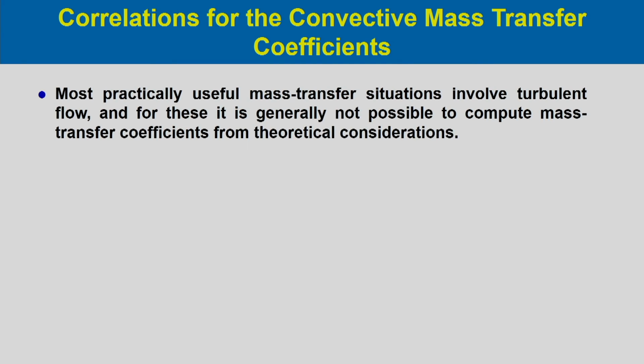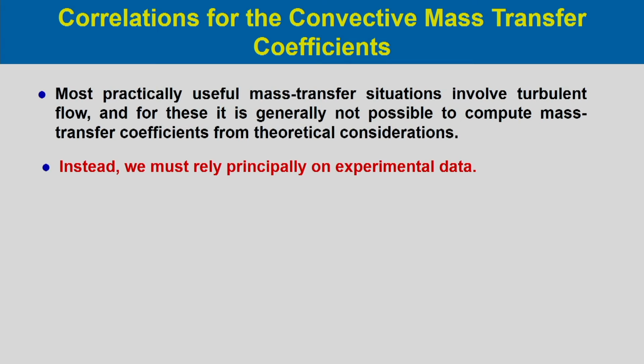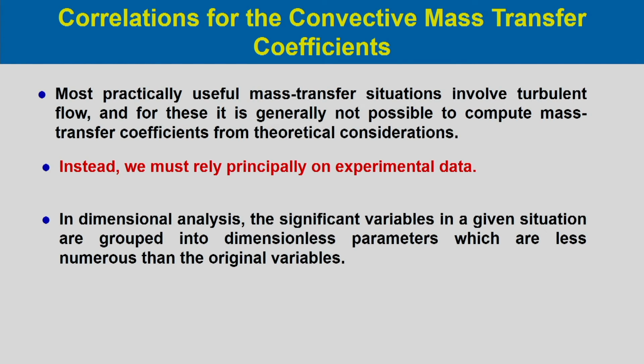Most practically useful mass transfer situations involve turbulent flow, and for this it is generally not possible to compute the mass transfer coefficient from theoretical consideration. Instead we must rely principally on experimental data. If we rely on experimental data, then we need dimensional analysis that relates the significant variables in a given situation, grouped into dimensionless parameters which are less numerous than the original variables.